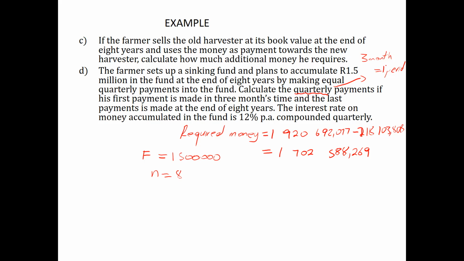And then they tell you that we need to calculate quarterly payments. So obviously in this case, we don't have x because those are the payments that we need, okay? And then they said to you, the first payment is made in 3 months' time. So the first payment, when they say it's made in 3 months' time, they simply tell you that it is delayed.